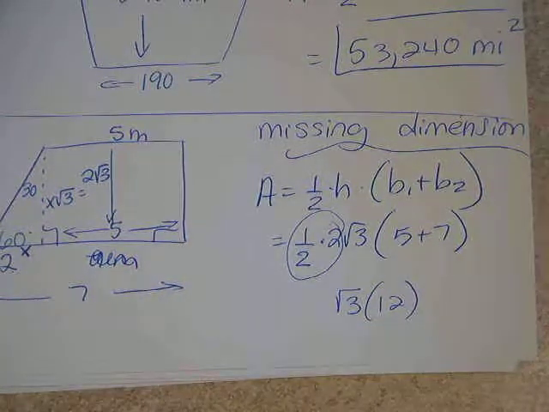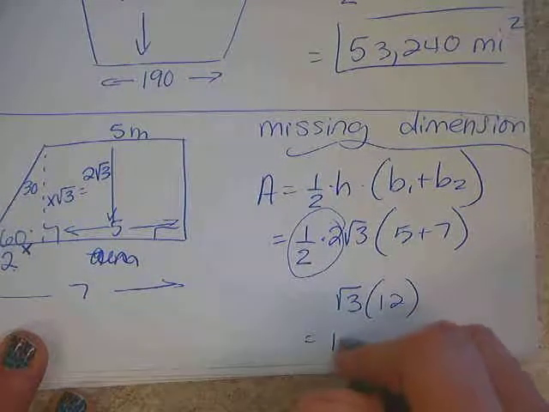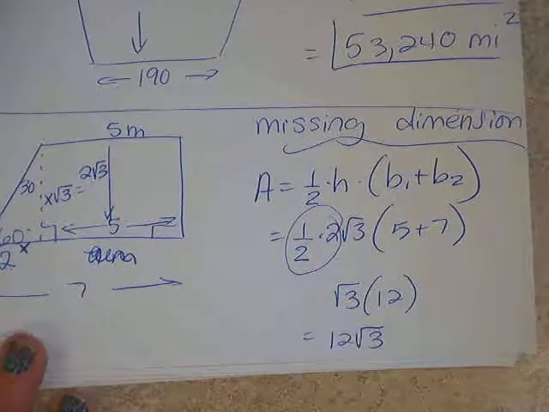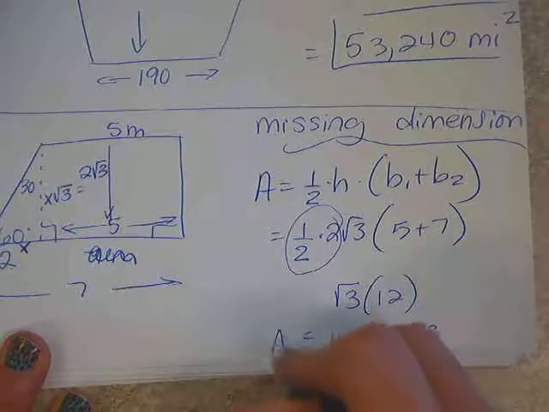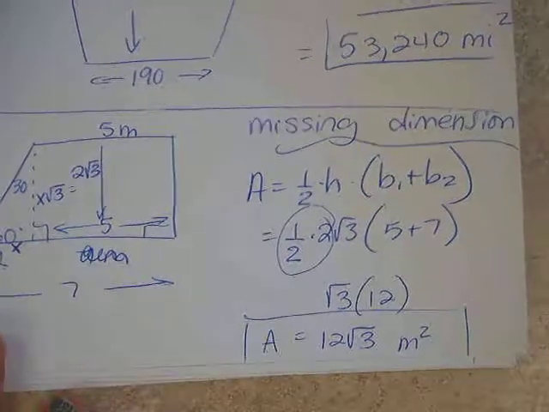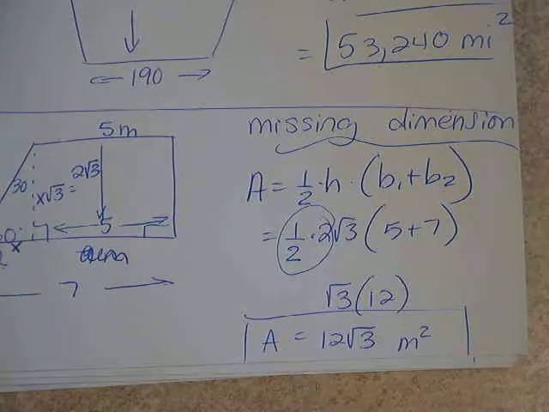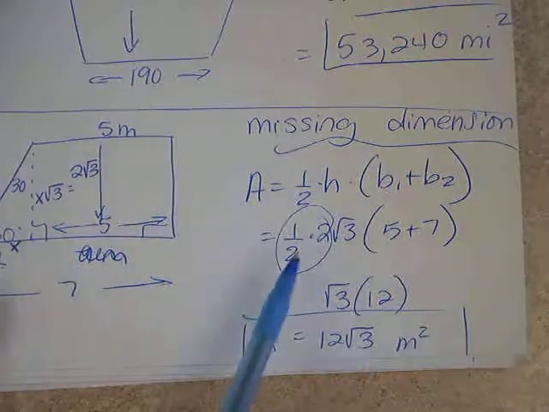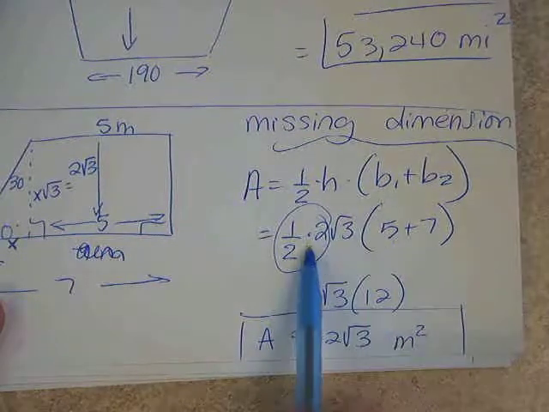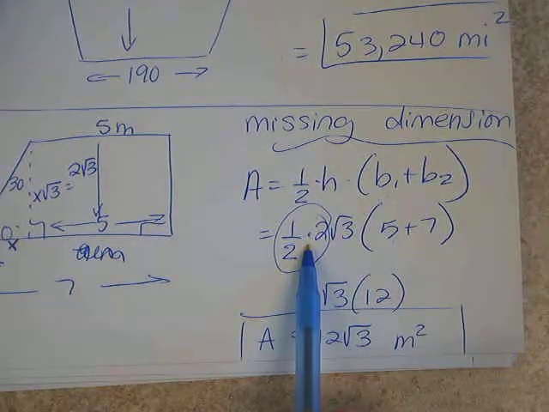So we've got radical 3 times 12. When you multiply a whole number and a radical, they go together with the whole number in front. So this would just be 12 radical 3 square meters.